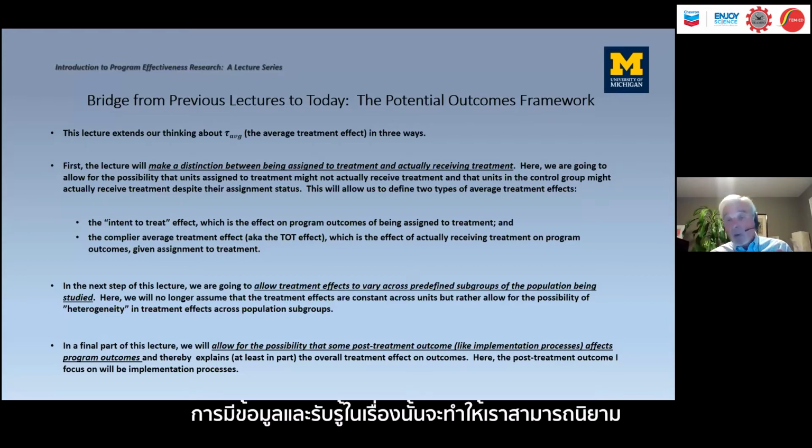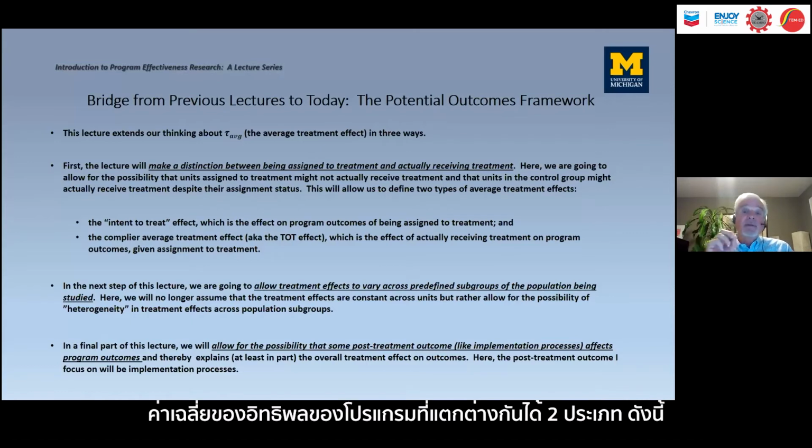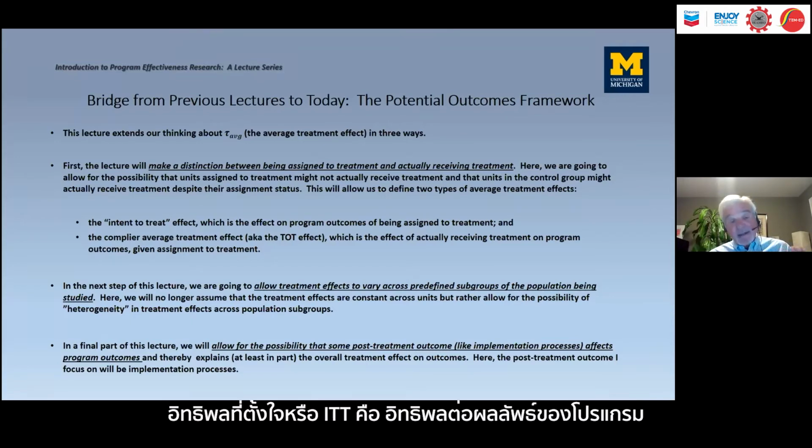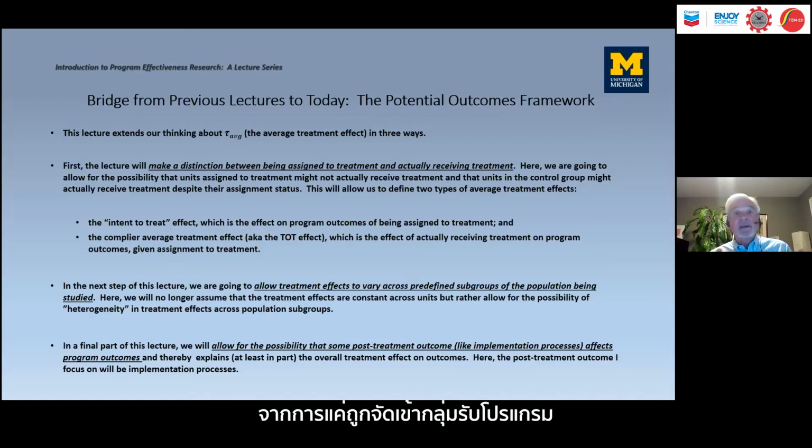And having data on that and knowing that will allow us to define two different types of average treatment effects. The intent to treat effect, ITT, is the effect on program outcomes simply of being assigned to the treatment.